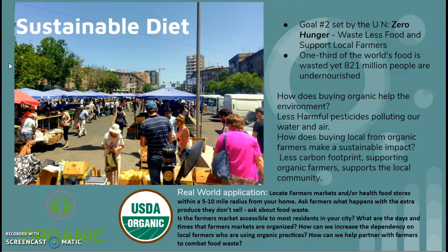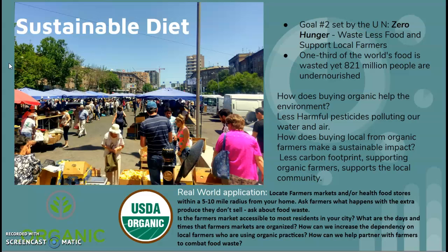Sustainable diet. Okay, this is another very important topic for sustainability, because what we choose to eat, what we choose to buy daily, weekly, is really having an impact ultimately on our community and on the world at large. So what I mean by affecting our community is, are you supporting the local farmers that use organic methods of farming?